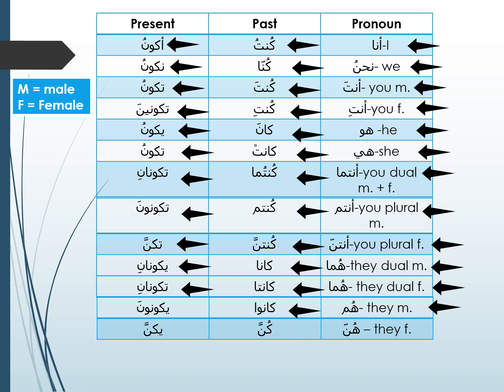Do not pronounce alif here. You say كانوا, write alif, but don't pronounce it. يكونون. هن كنا يكن.